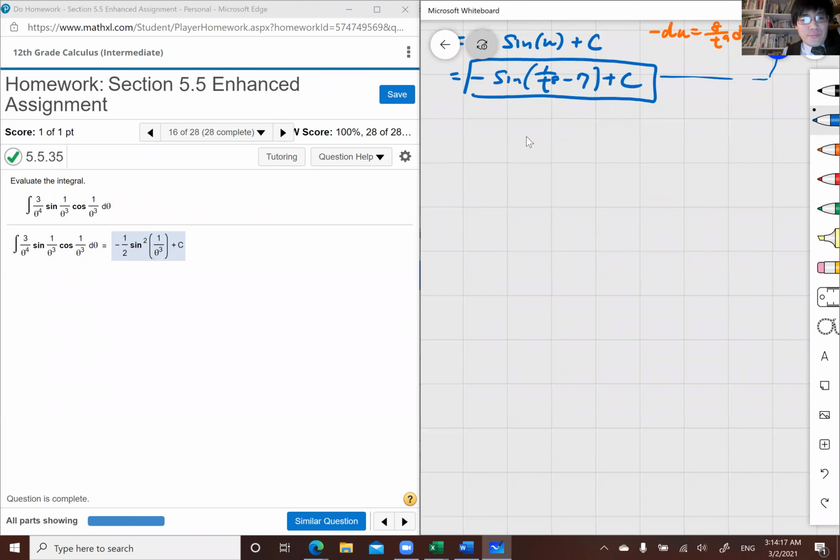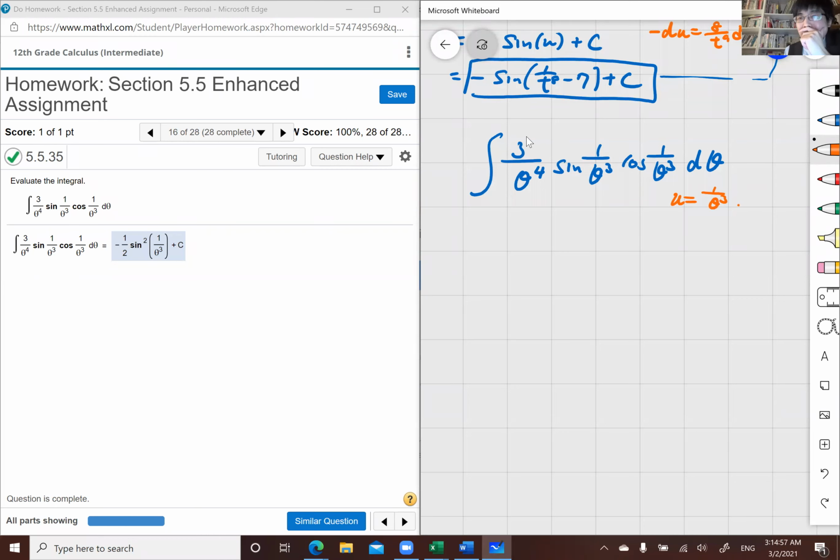Okay, next one. 3 over theta to the power of 4 times sine of 1 over theta cubed times cosine of 1 over theta cubed d theta. Looks complicated, but let's take it. You could think of several ways, and one idea is to substitute u equal to the inside of the sine function.